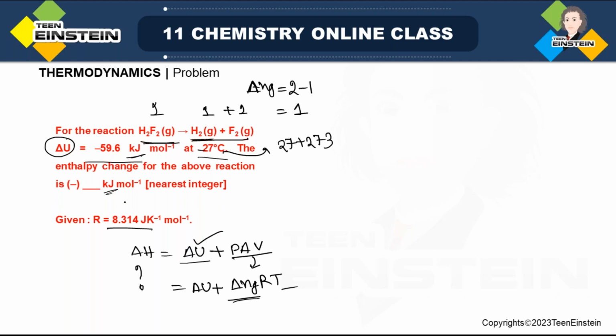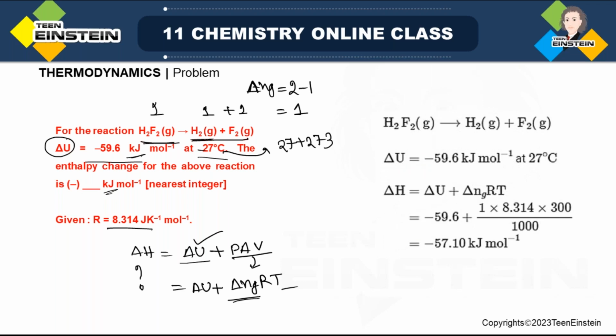Here it is in kilojoule. So here del U value is given as 59.6, and we will have to be very careful about the units, because this is in kilojoule and the final answer is asked in kilojoule, so that is fine, but you have to be careful whether the unit of the other part is in kilojoule or not, because when you are putting the value of R, it is in joule.